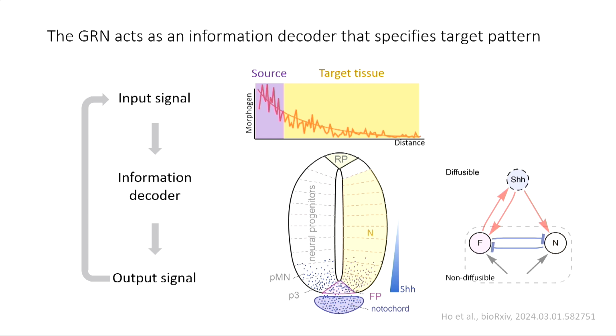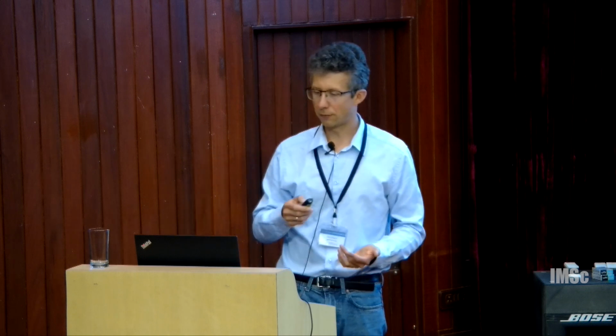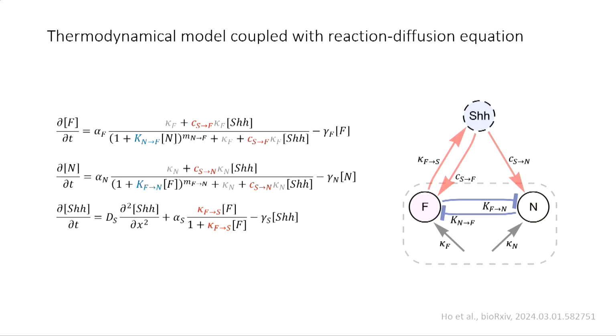When I say feedback here, on this plot, it is just a way of plotting. More formally, if you have these equations here, this is your signal, Sonic hedgehog. This is your output, floor plate, and the target domain.